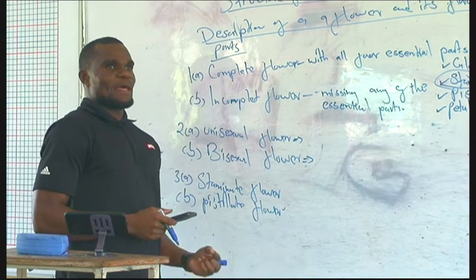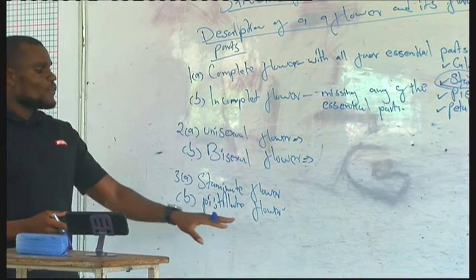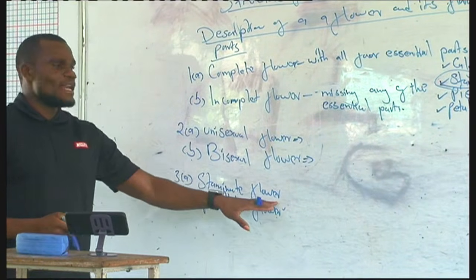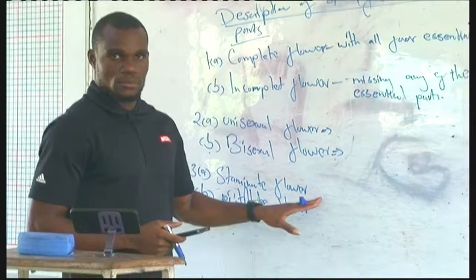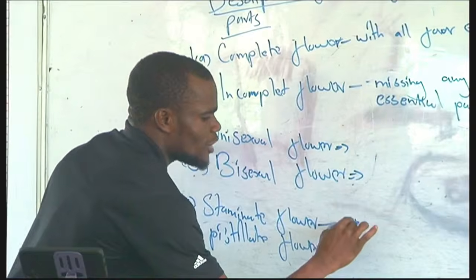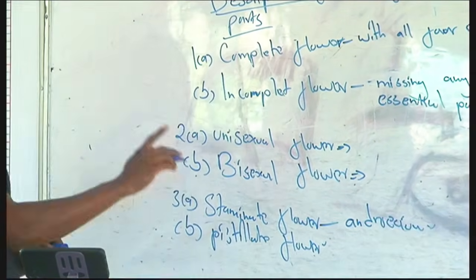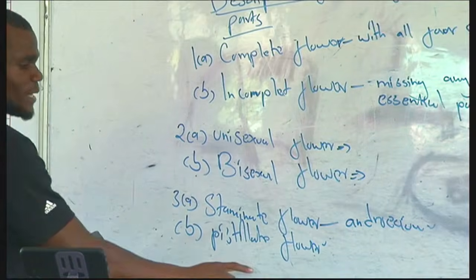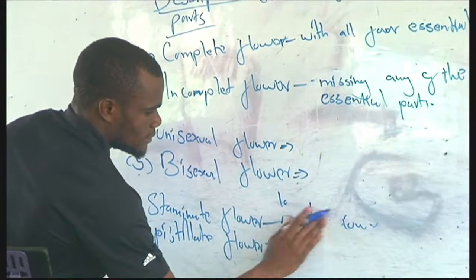A staminate flower is that type of flower with only the male reproductive organ. It is a flower with only androecium. It is lacking gynoecium. And the pistillate flower lacks, let me write here, lacks.